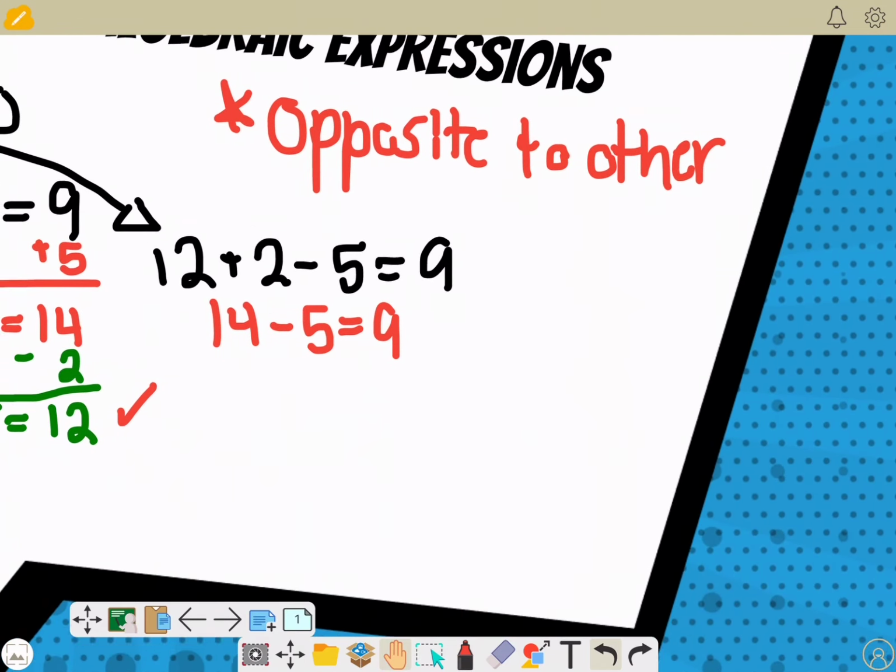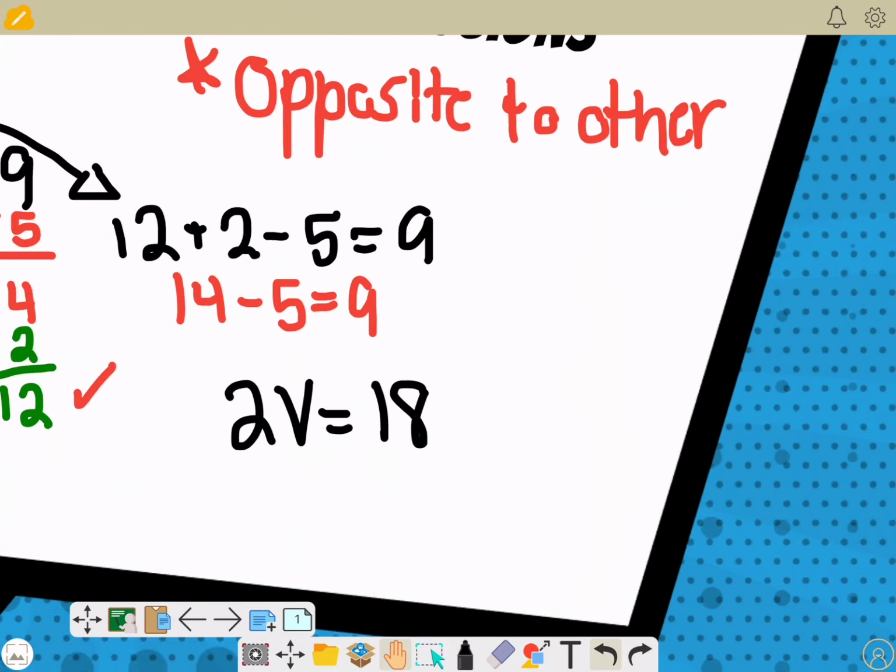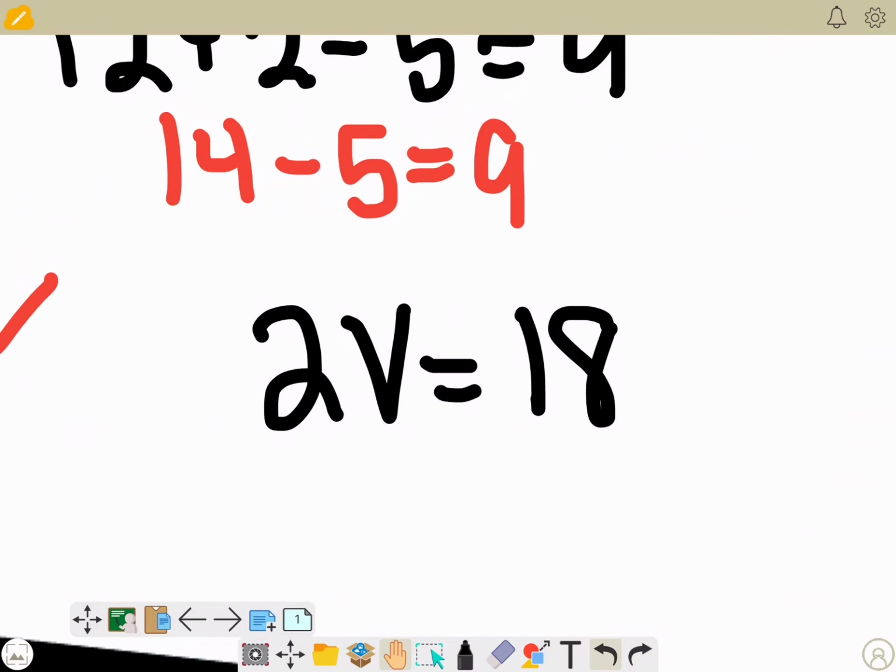Now, the one thing I'll tell you to be aware of is that whenever you see a number and a letter put together, like let's use a different one, 2v equals 18. If you see a number and a letter smashed right next to each other, what this means is multiplication. Now, normally you're used to seeing multiplication with the letter x, but look at how weird this would look.